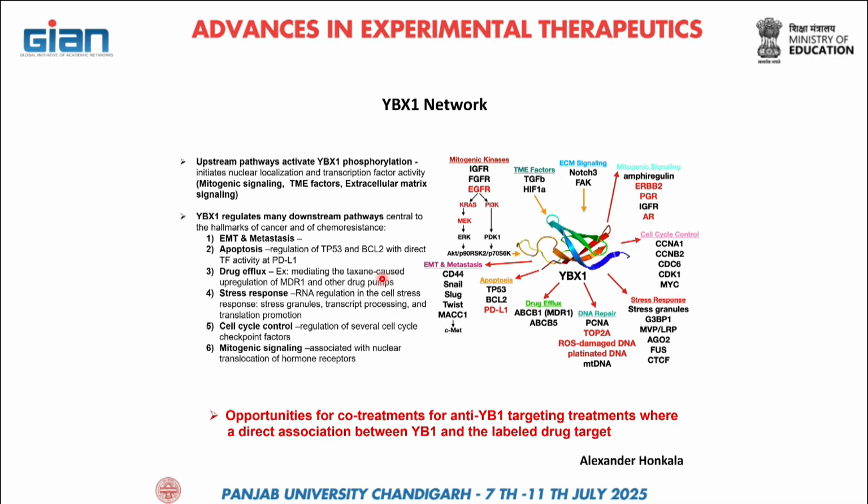And this is my PhD student who put this together, looking at the entire literature to see where Y-box has a role and what the different pathways are which are associated with it and how it gets influenced. So these are just simplified versions.